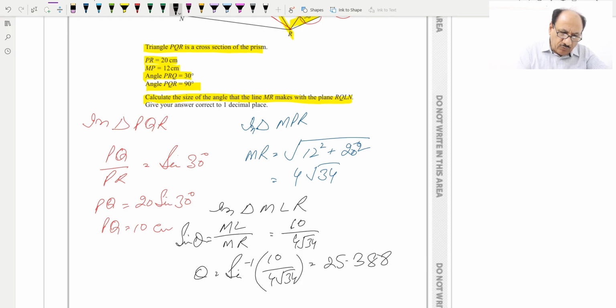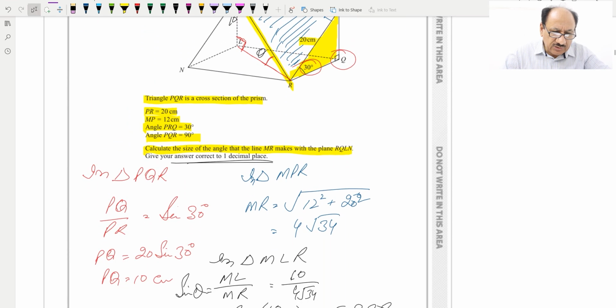Up to one decimal place they are asking for, so we can write this as 25.4 degrees, and this will be our answer.